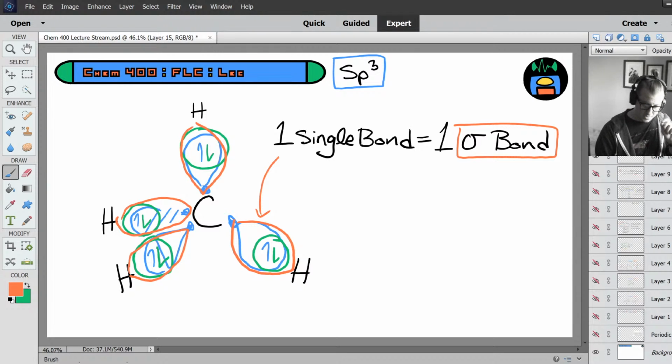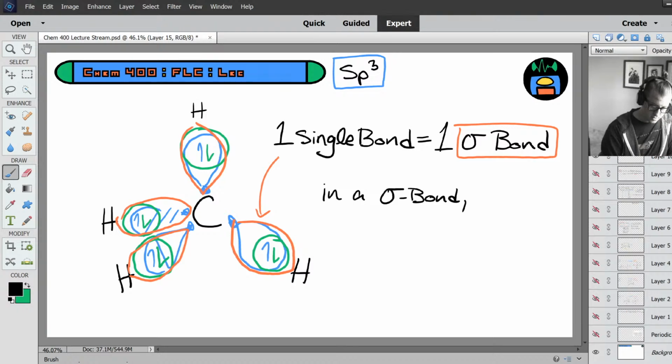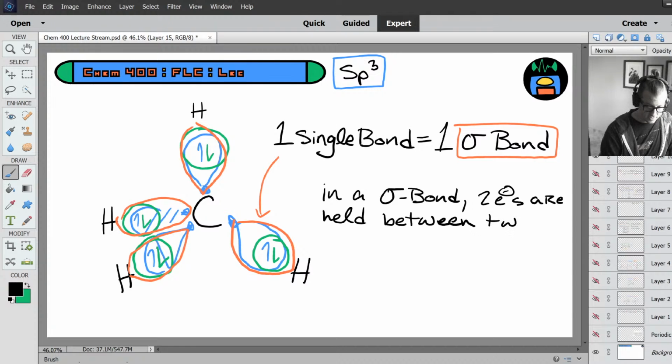All right. What makes a sigma bond? In a sigma bond, two electrons are held between two nuclei.